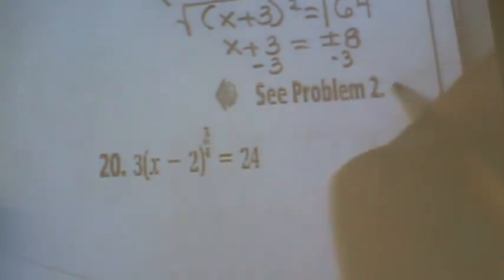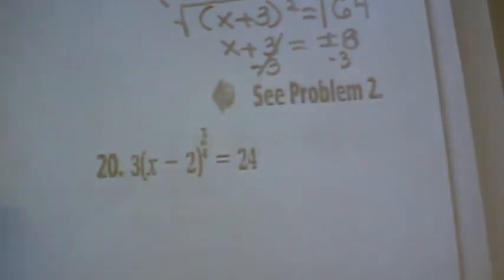These 3's cancel, and you get negative 3 plus 8 and negative 3 minus 8. What are your 2 answers? 5 and negative 11. And what you could do is plug both answers in and see if they work.